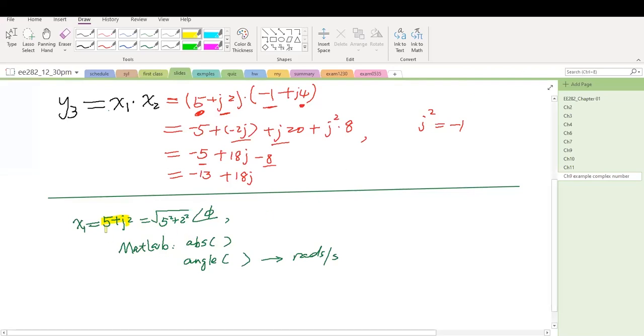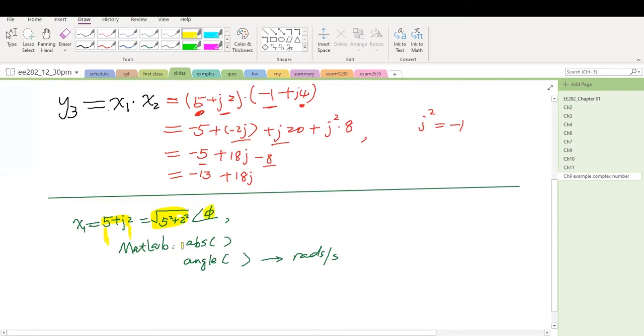Next, let's illustrate how we obtain the polar form from the rectangular form. To obtain the polar form, first of all, we need the magnitude. The magnitude is the square root of the real part squared plus the imaginary part squared. So that will be 5 squared plus 2 squared, and take the square root.